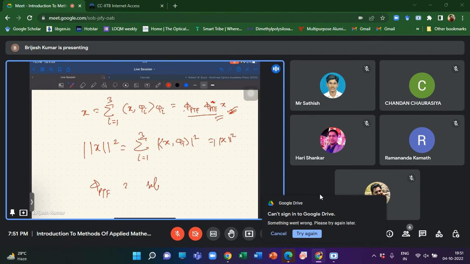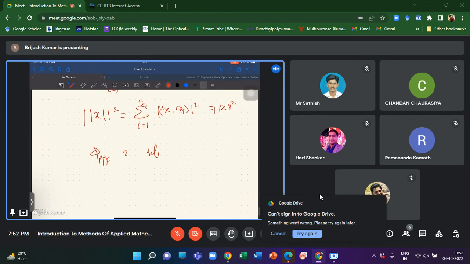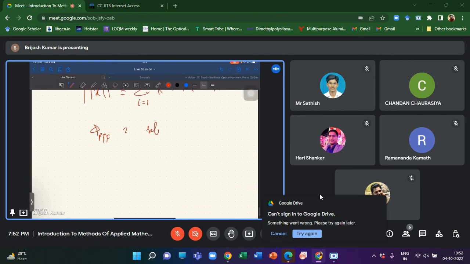We can normalize the length of all the frame vectors to 1, which leads to the unit norm version. If we do this, we write the unit norm tight frame as phi 1, phi 2 and phi 3.